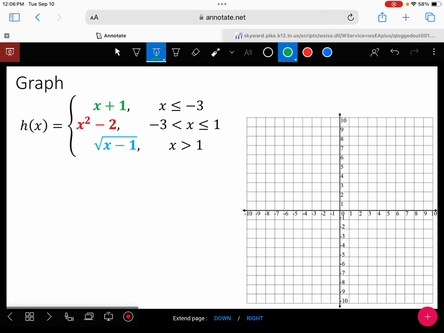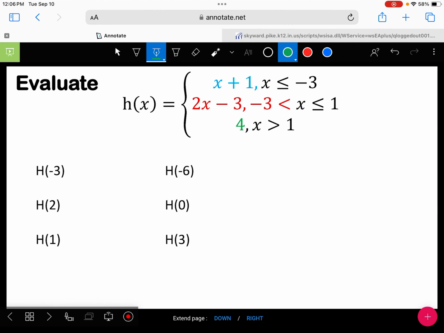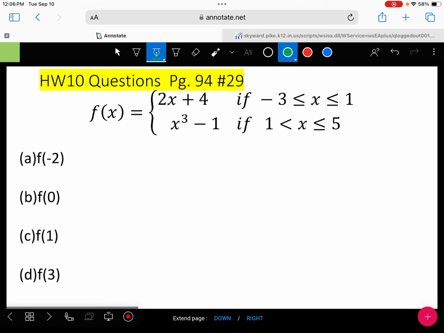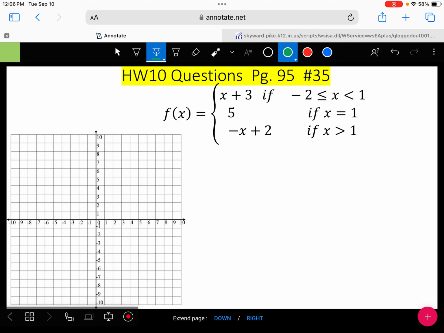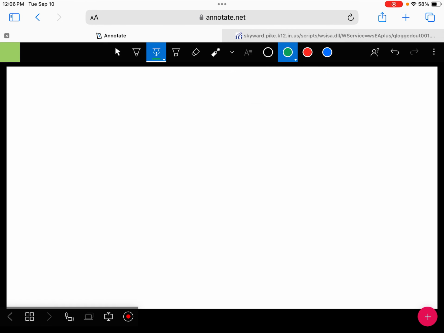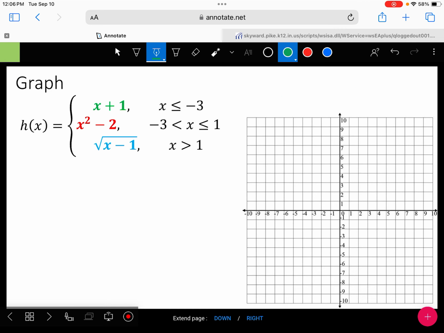Tomorrow I'm going to do one of the homework questions. I can't remember which one, but it's one of the homework questions we're going to do together. I'll have to look at it. We're going to do number 29 and 35 tomorrow. Is that right?